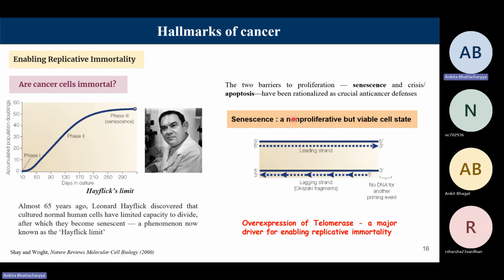So senescence is a stage where a cell is not proliferative, but it remains viable. And the reason why replicative immortality overall can actually be enabled is by overexpression of the telomerase gene, which helps in replenishing the lost DNA in every round of cell division, and instead it helps in aiding replicative immortality.